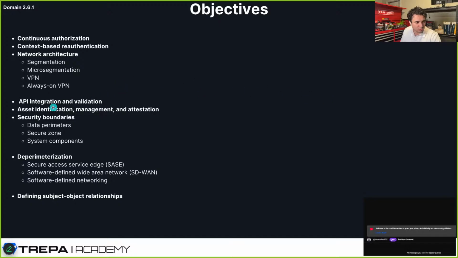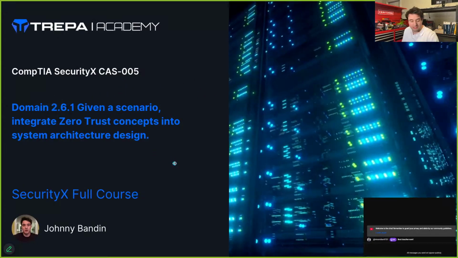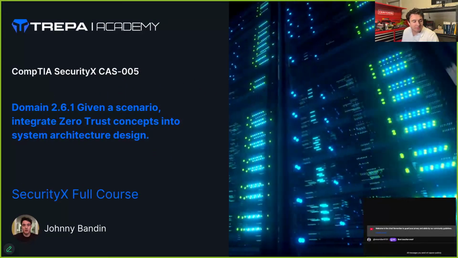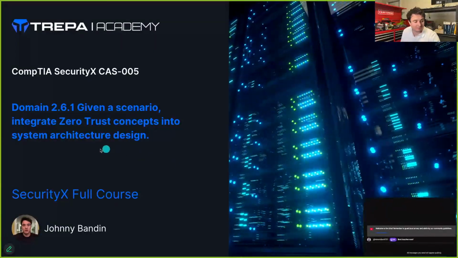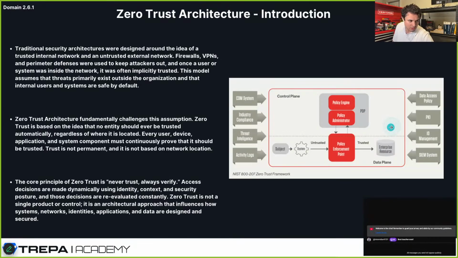Let's talk about zero trust. So domain 2.6, this is given a scenario, integrate zero trust concepts into system architecture design. And this is going to be the whole thing we're going over. So zero trust architecture. I've talked about this a lot. Zero trust has 3 core tenets that I need you guys to memorize.